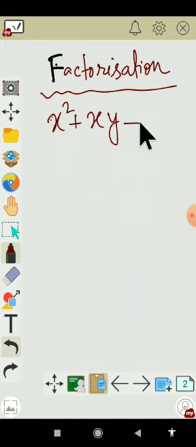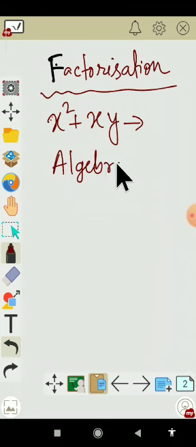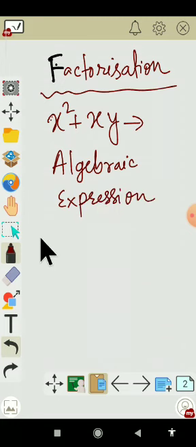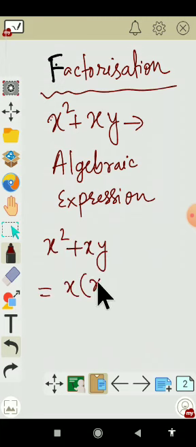So this is an algebraic expression, and we can write this expression in this form: x into x plus y, where x and x plus y are the two factors. So this is the required factorization.